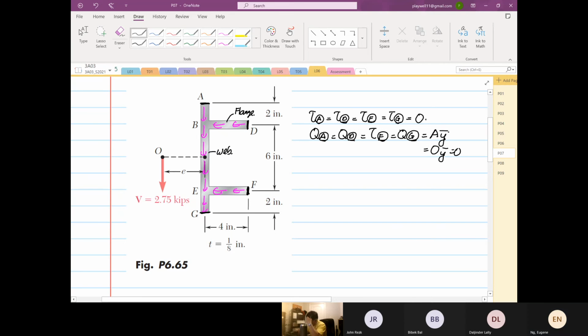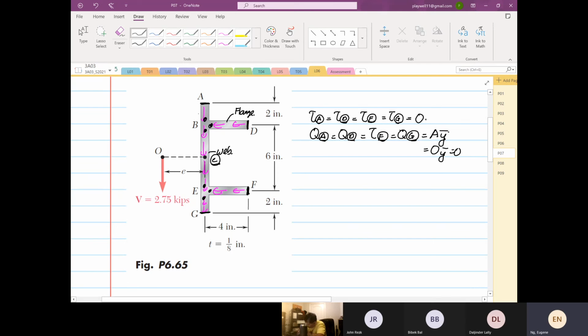If we look at point B, there are 3 different positions, 1, 2, 3. Point E is also 1, 2, 3. And then point C is where our maximum shearing stress will be.